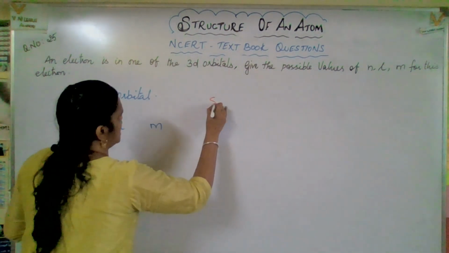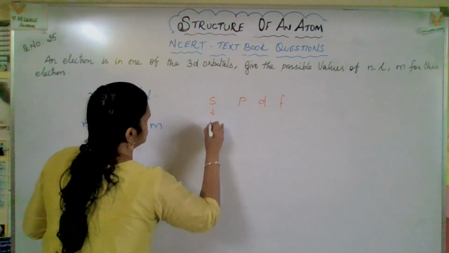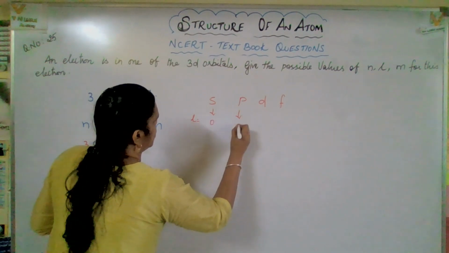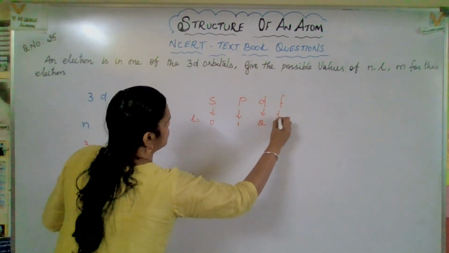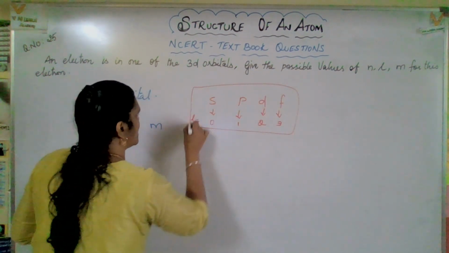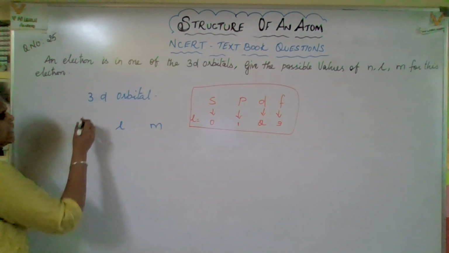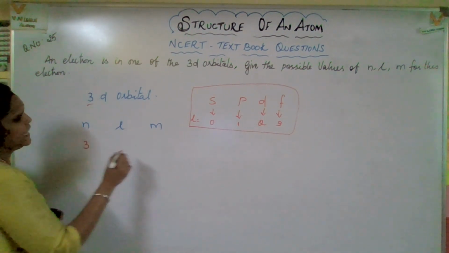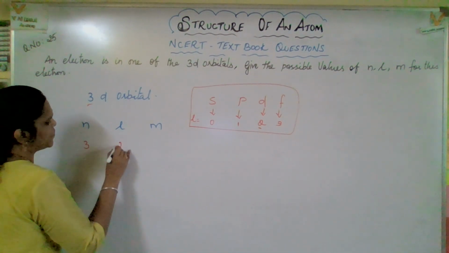Then S, P, D, and F: S belongs to 0 for L values, P orbital is 1, D orbital is 2, and F orbital is 3 for L values. n starts with 1, 2, 3. So n value is 3, and D belongs to 2. So here L is 2.